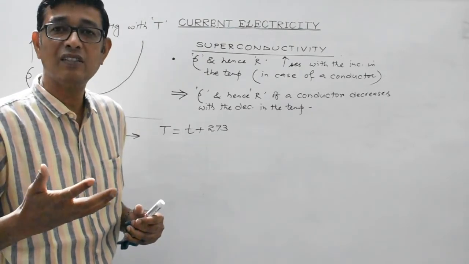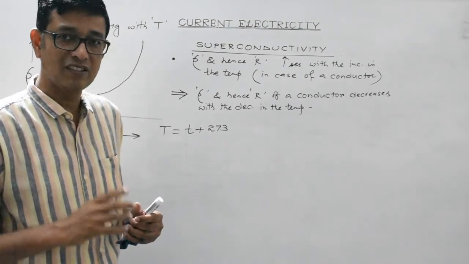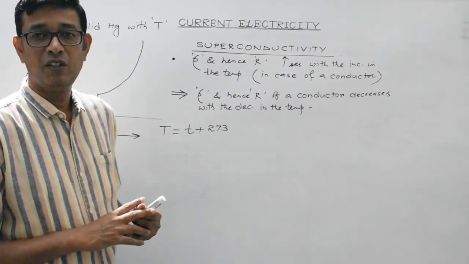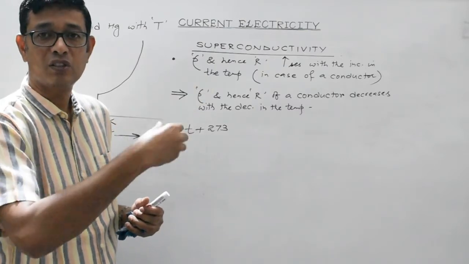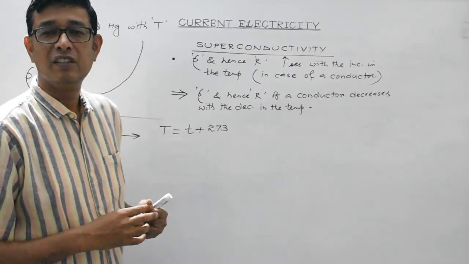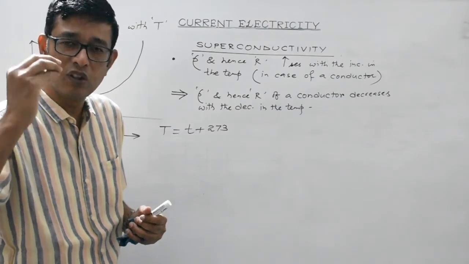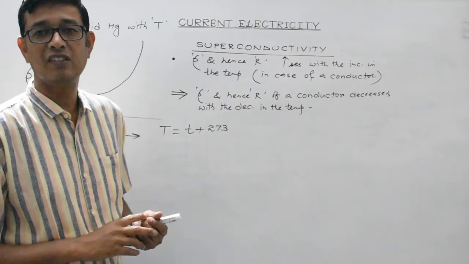Almost the positive ions' vibration will cease to exist, isn't it? It will almost stop. So that the electrons, while drifting, won't experience any appreciable resistance, or they will experience negligible resistance.